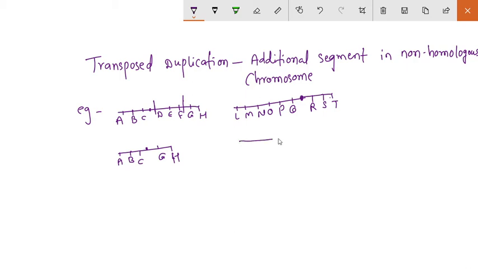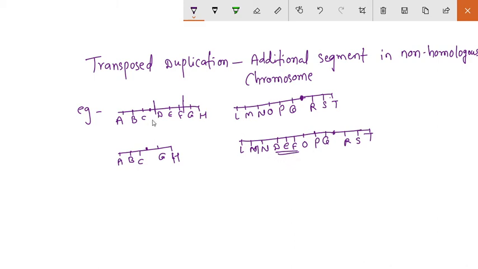So this chromosome is L, M, N, then D, E, F, which is the added part, then O, P, Q, R, S and T. So this duplicated part is from a non-homologous chromosome.